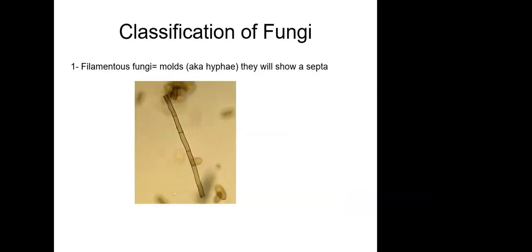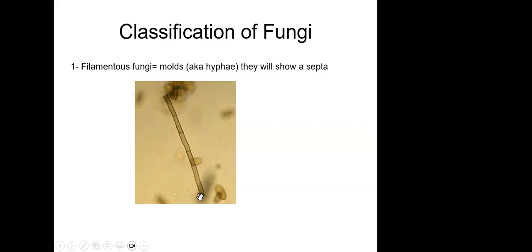We classify fungi just like we classify bacteria. The first classification is called filamentous fungus, also known as hyphae, and they have a septum. This cell wall out here is that chitin material.